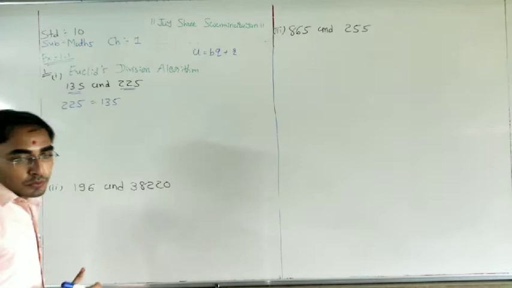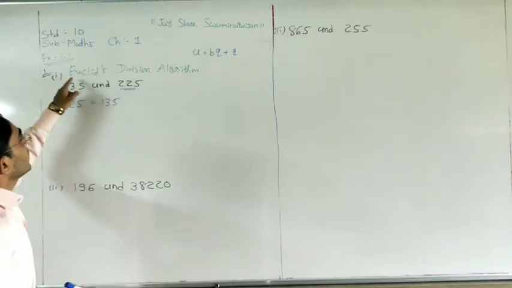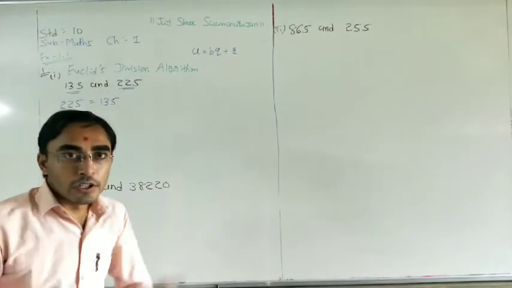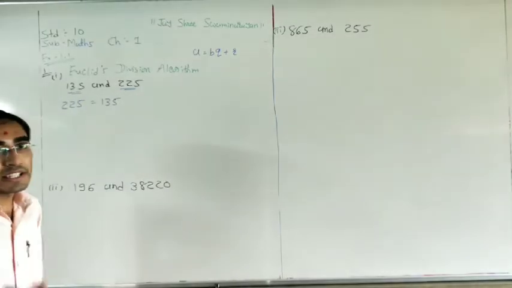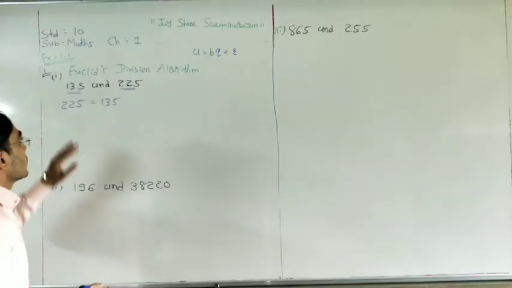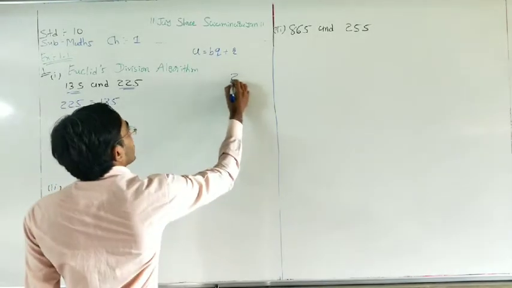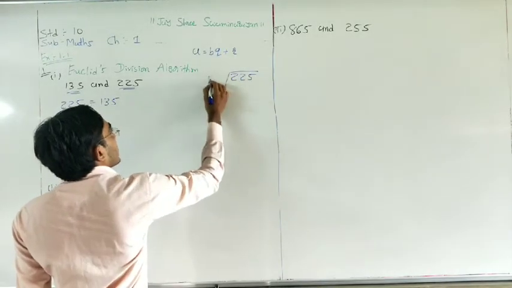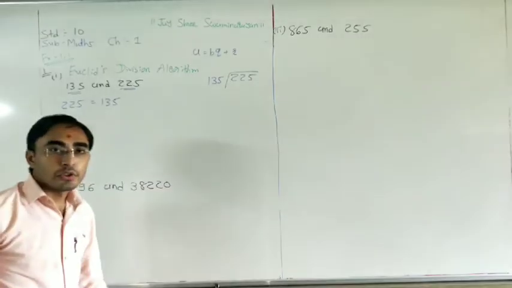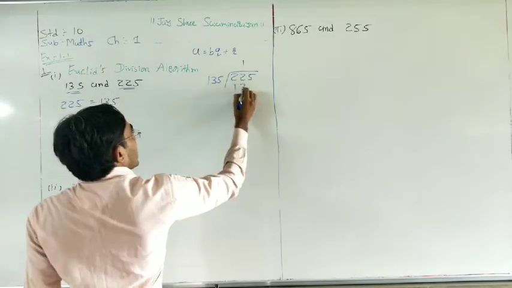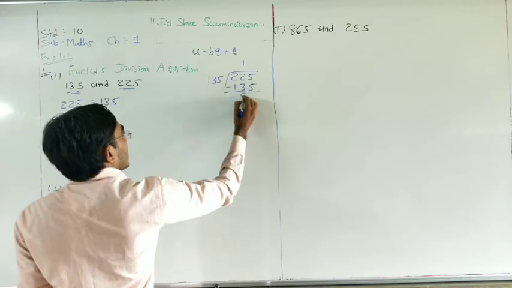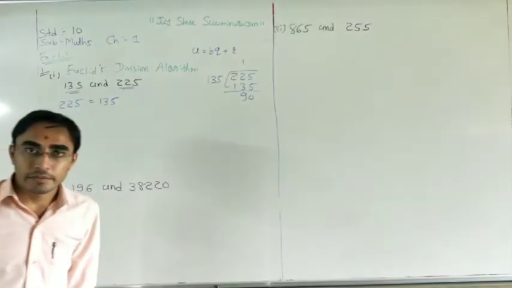Now what do you need to do? In Euclid's division algorithm, you need to use the division process. 225 divided by 135. 135 ones are 135, and here 90.